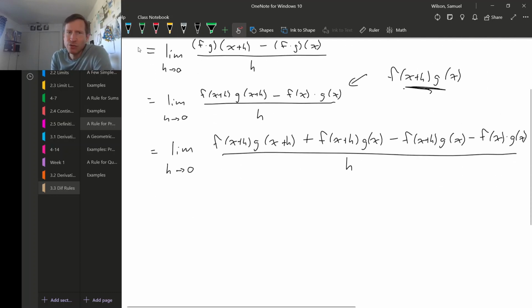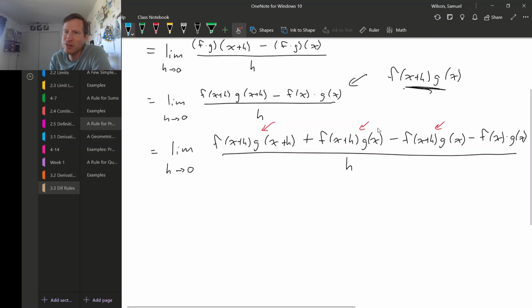All right, so now that we have this written down, we have some options, because this first piece has an f of x plus h. There's also an f of x plus h here and here, so we might group some of these terms and factor out that f of x plus h.